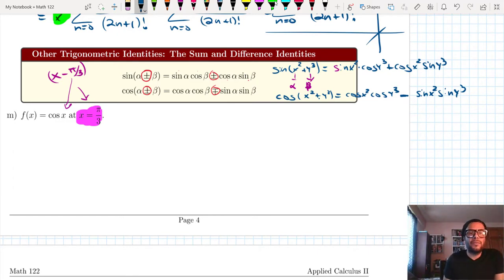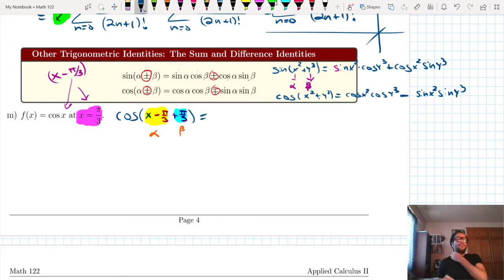So I'm going to start writing cosine of x as x minus pi over 3 plus pi over 3. I'm going to treat the first two terms, x minus pi over 3, as a single term. Let me use blue instead so it highlights better. This will be our alpha and this will be our beta.